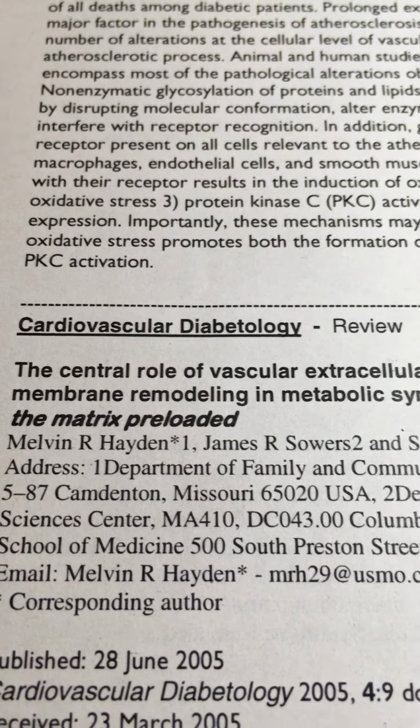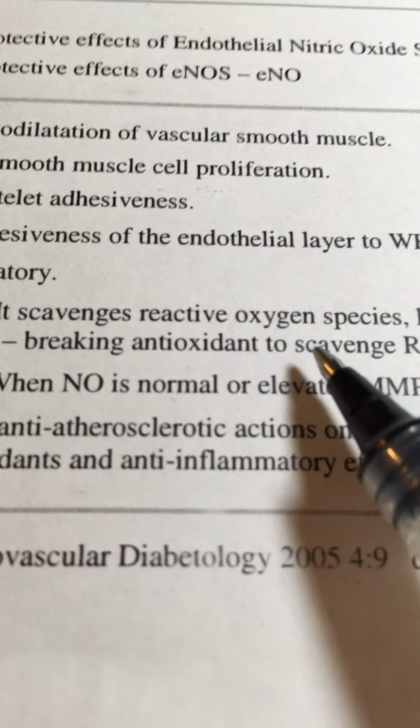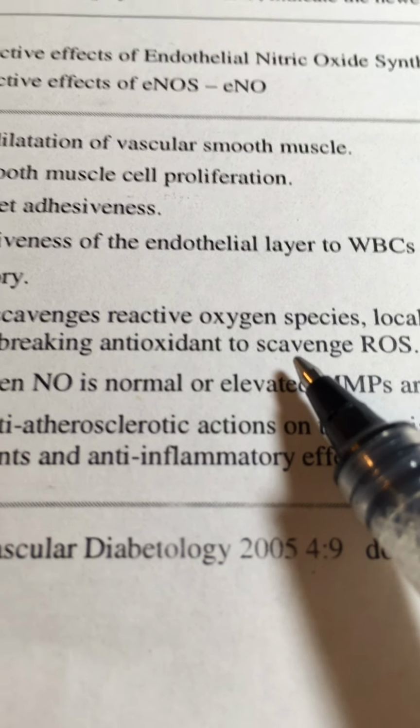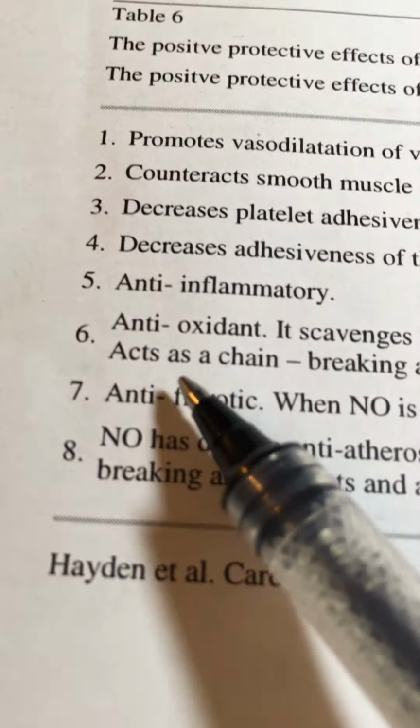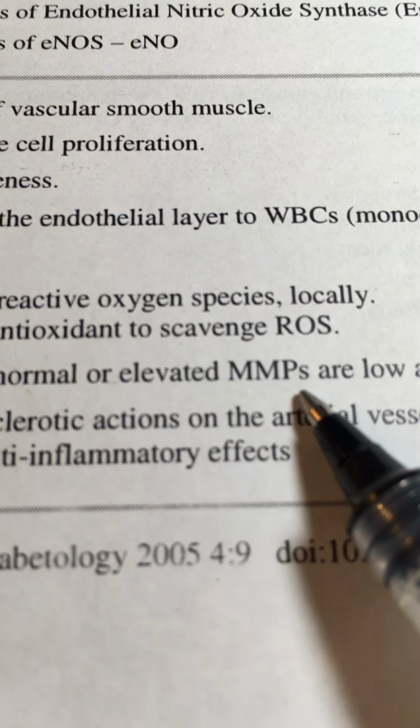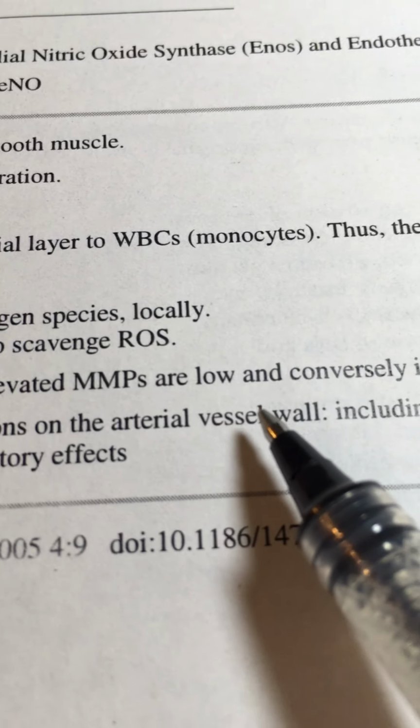Then we have anti-inflammatory activities in general. Antioxidant, we're going to scavenge reactive oxygen species and basically protect membranes of cells throughout the region. Anti-fibrotic, nitric oxide is normal or elevated.